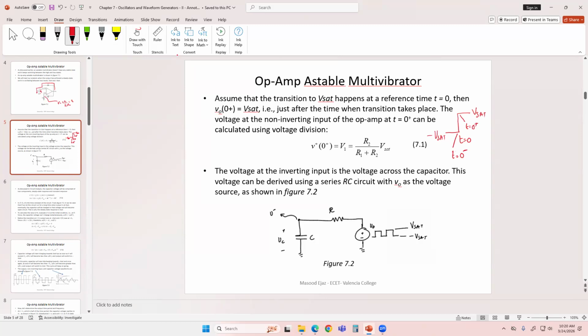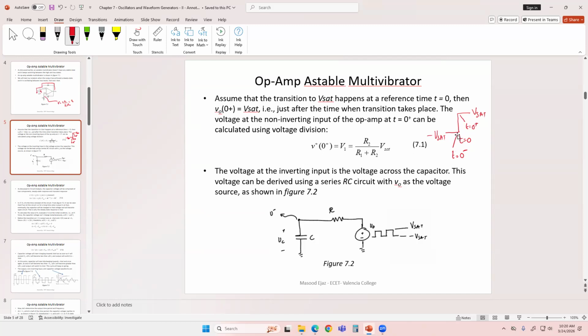Just before the change happens, the output voltage was negative VSET. And if the output voltage was negative VSET just before the change, that means at the non-inverting terminal the voltage was negative R2 VSET over R1 plus R2, or negative V1.